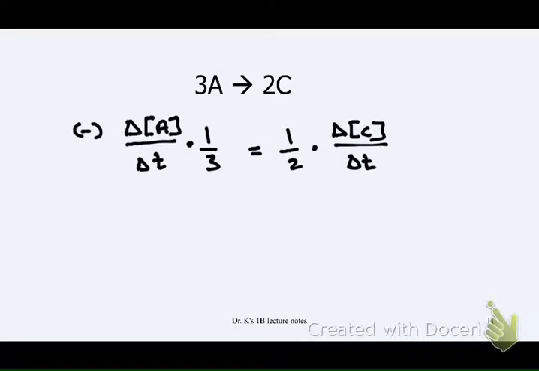Because for every 3 A's that go, I'll divide by 3. And for every 2 C's that are produced, I'll divide by 2, and that reduces it down to 1 and 1. So this is how we take into account the stoichiometry of the reaction. Those will give us the same numbers regardless of whether we're measuring the reactants or the products. So we can measure reactant changes or product changes, and we still get the same number.